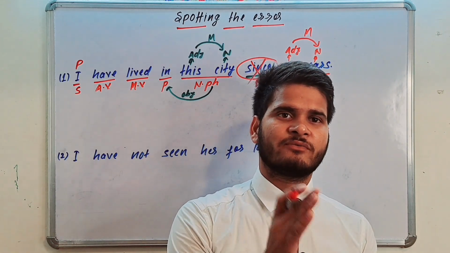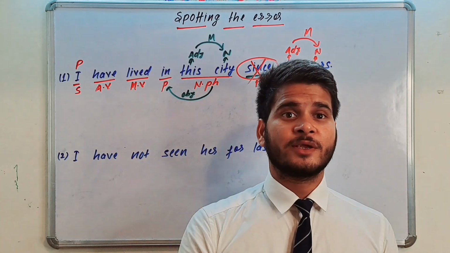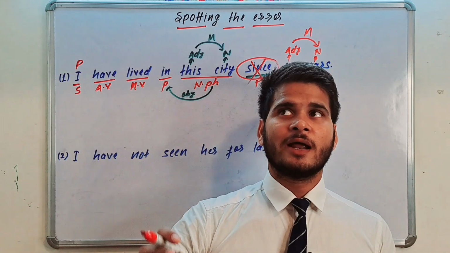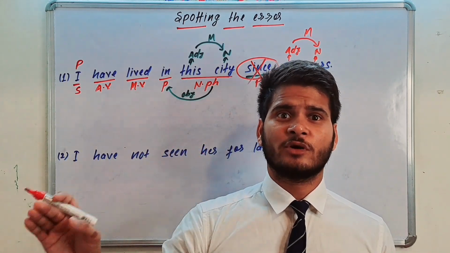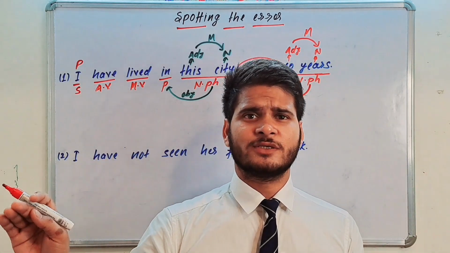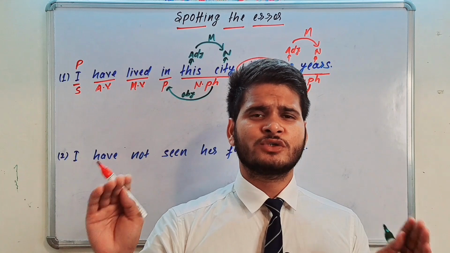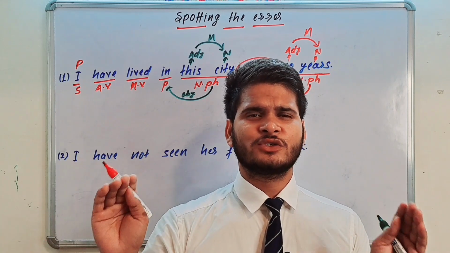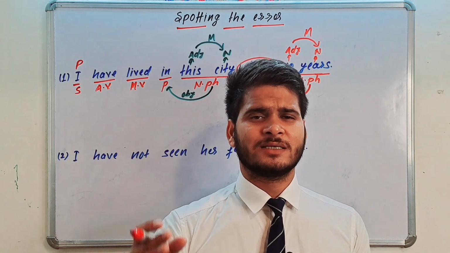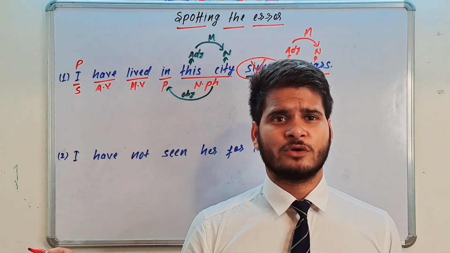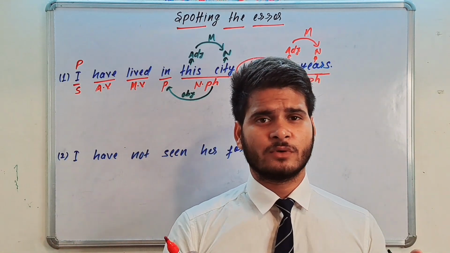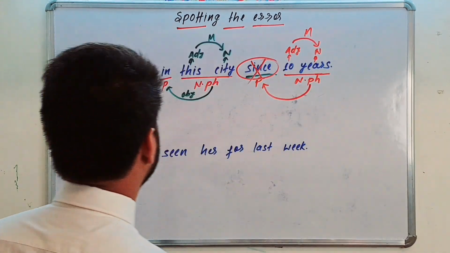That's why the preposition for is used to denote a period of time, and the preposition since is used to denote only a starting point of time, like since 1990, since Monday, since 2004, since 2025. Got that? This is the golden rule you have to focus on.